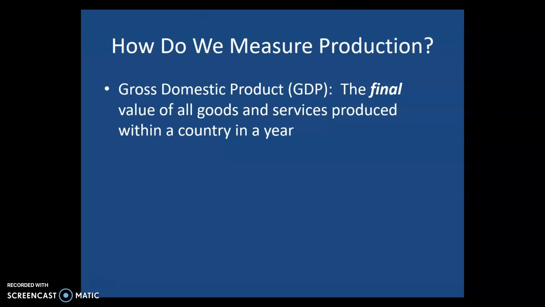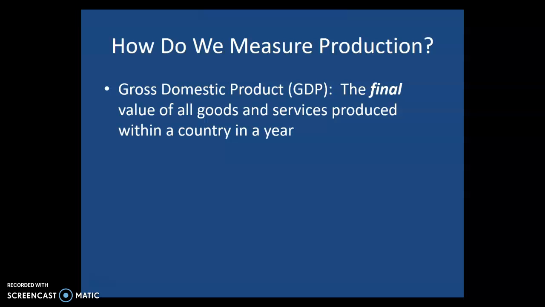The textile mill is going to take that cotton and use it to make, for example, jeans and shirts. Then they sell those jeans and shirts to Macy's department store. At that point, does the sale of those jeans and shirts to Macy's contribute to the GDP? It still does not, because that's still not the final value of all the goods and services produced.